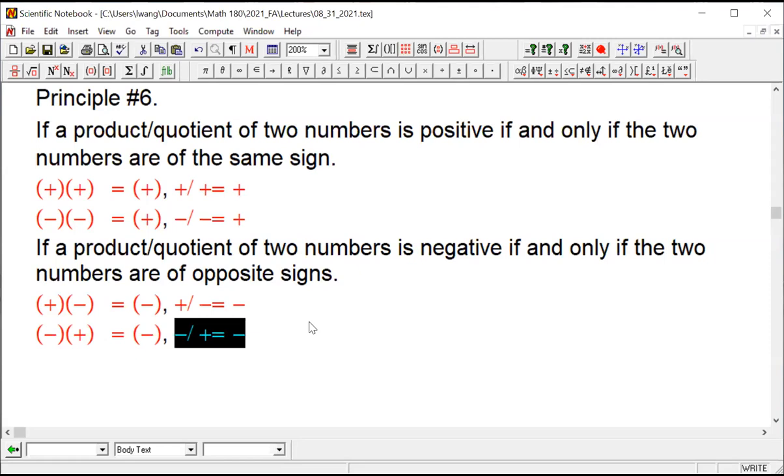Very good. I'm glad you still remember some of those factoring techniques. Let me tell you the reason why. The reason why you factor all those factoring expressions is because of principle number 5 and principle number 6.